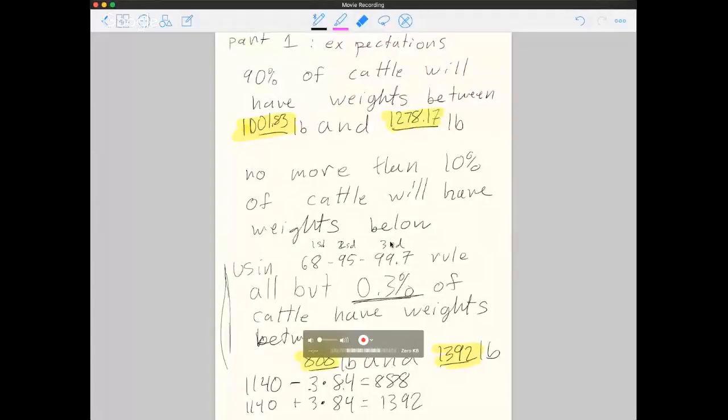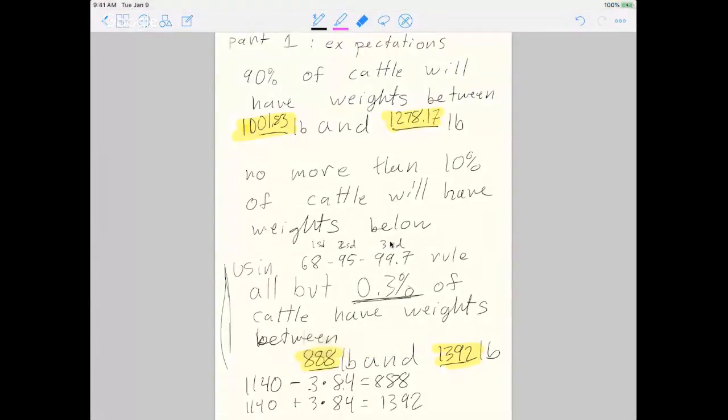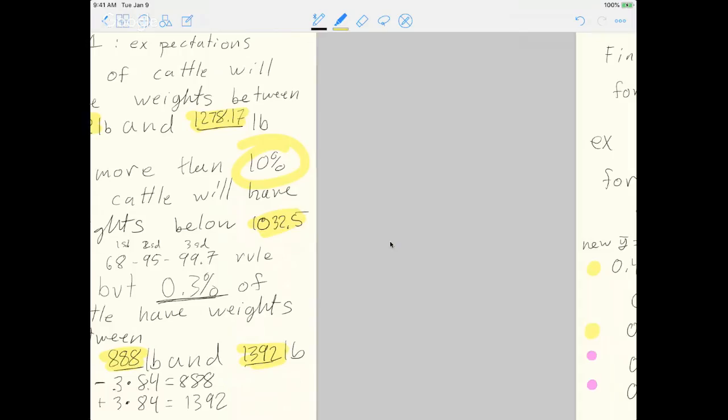So this number should have been 1032.5 there. Not the 90th percentile, but I was actually asking for the 10th percentile there. But now you know how to calculate the 90th and the 10th percentile for that. So maybe that was good.